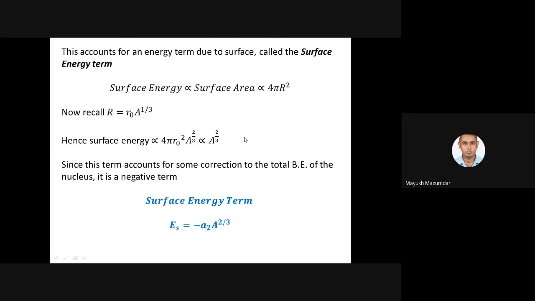And the constant part, if we take that as a2, this energy term would be minus of this one. Minus is only because all the nucleons are not experiencing the same force. And this effect is more pronounced for lighter nuclei.